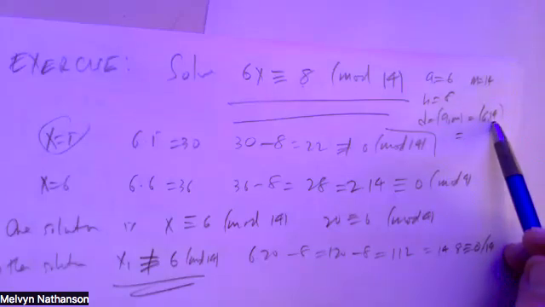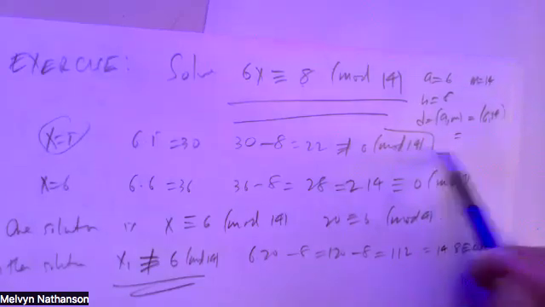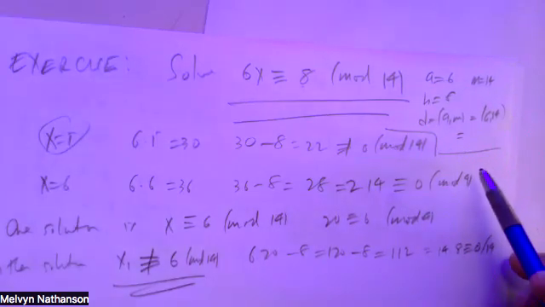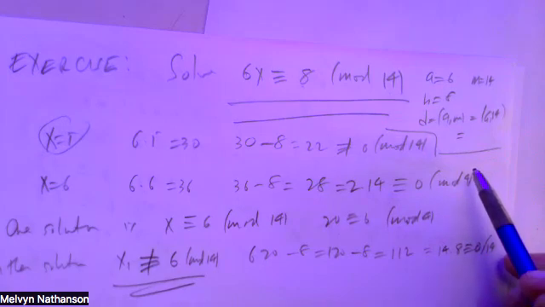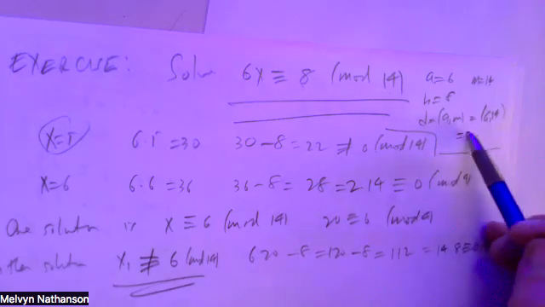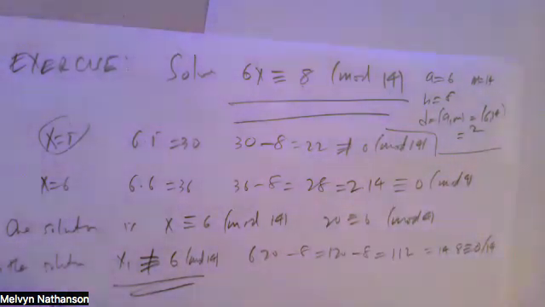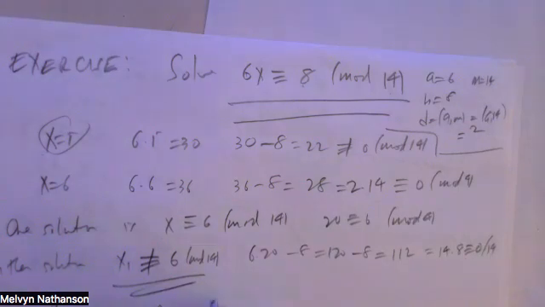What's the largest integer that divides both 6 and 14? Two. So the general theory says we can take x1 to be any solution x plus i m over d, where i runs from 0 to d minus 1.